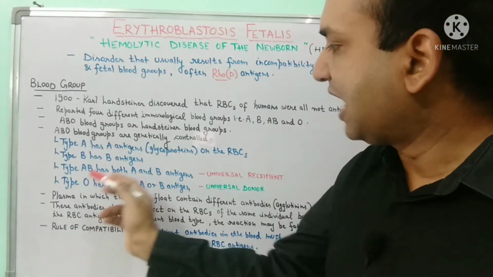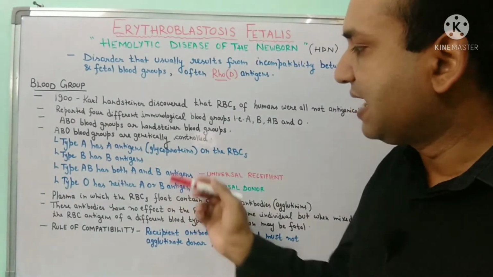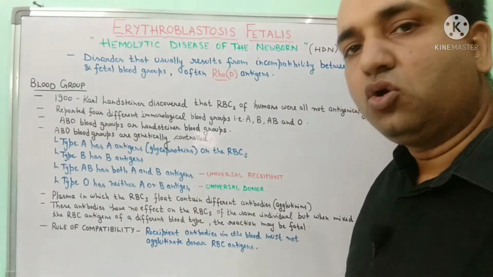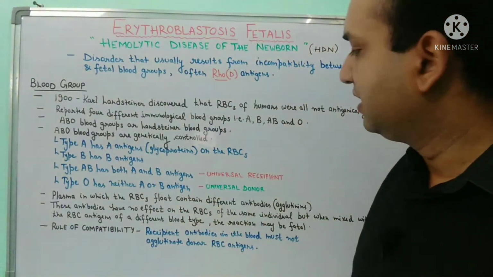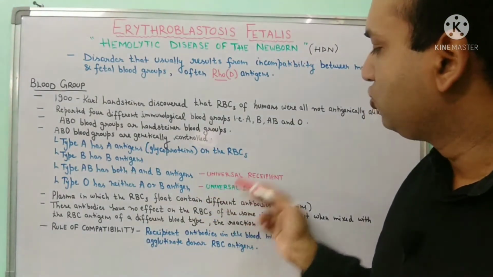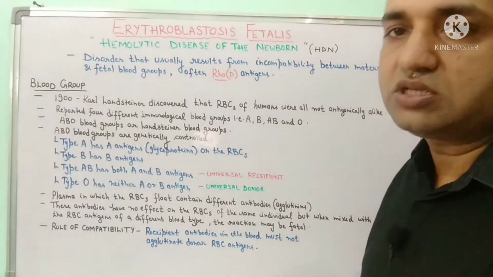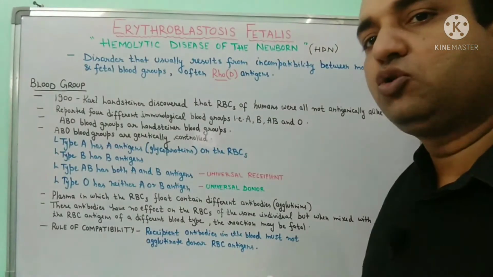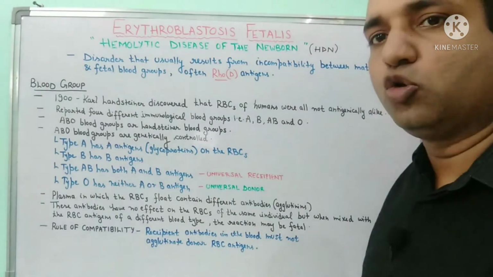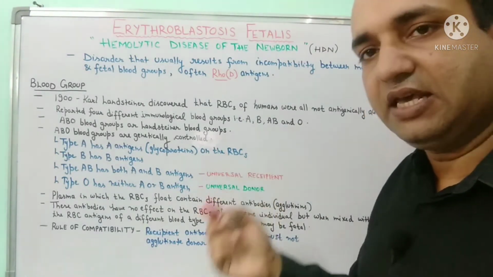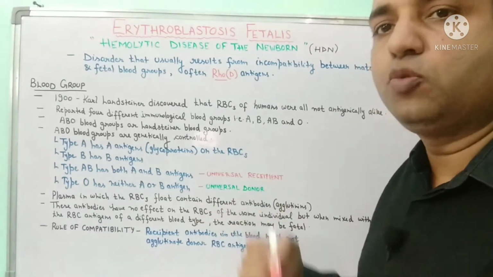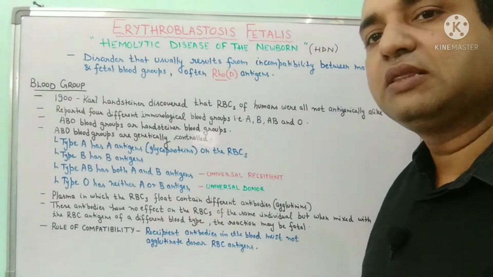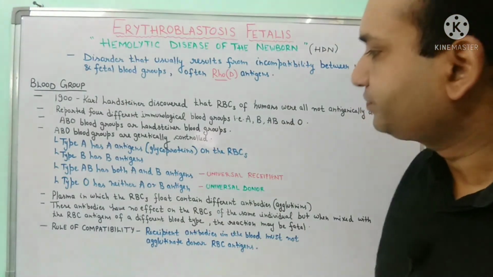Similarly, type O blood group has neither the A antigen nor the B antigen. Therefore, it is called the universal donor because it can donate blood to a person of any blood group, whether he has the A blood group, B blood group, AB blood group or the O blood group.